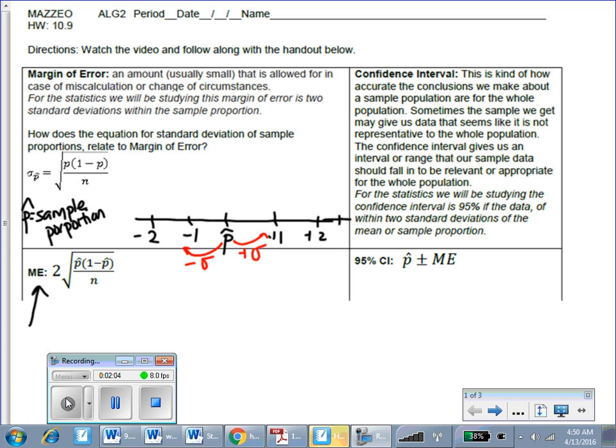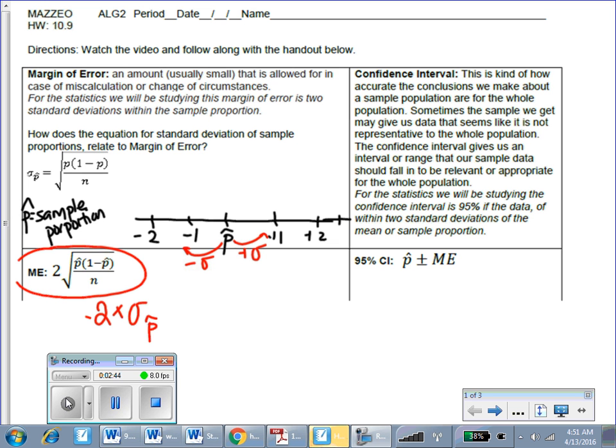The margin of error for the statistics that we're studying says we'll take any number that falls within two standard deviations of the mean. So margin of error is literally just multiplying 2 by the standard deviation of the sample proportion formula. That's all that really means. This formula is going to be very important to us.